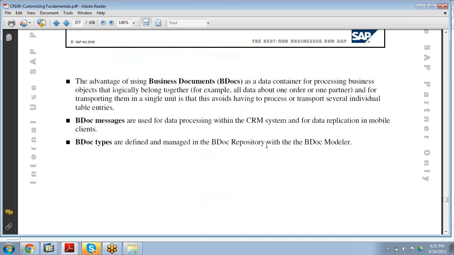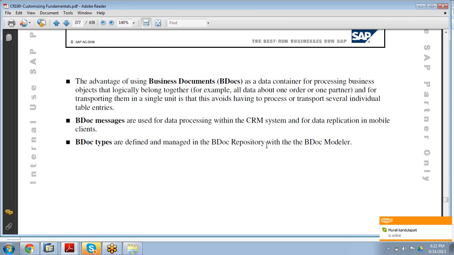Take this. BDoc is a data container for processing business objects that logically belong to one order or one customer.